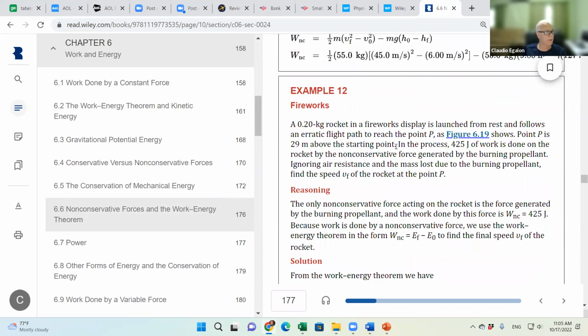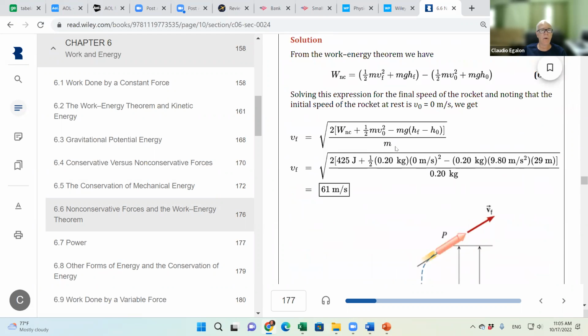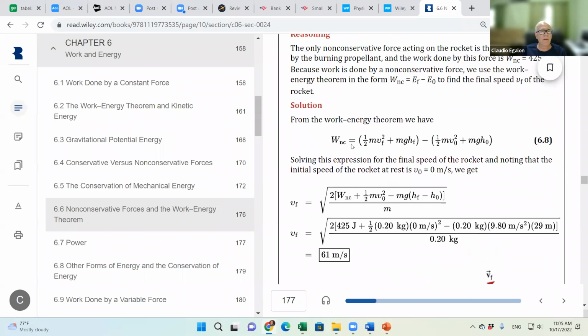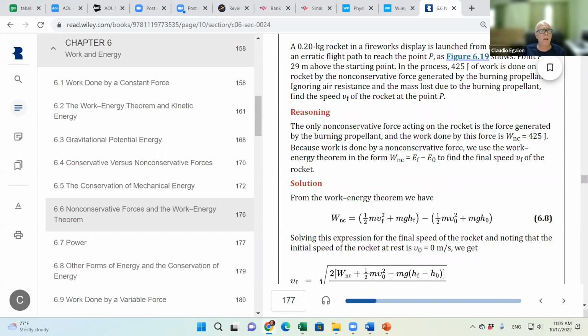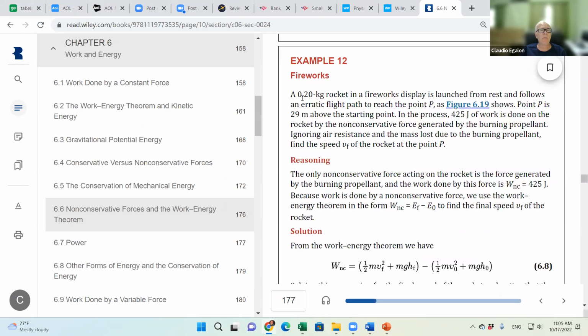Okay, here you go. They do have the non-conservative force. Let me work this one quickly. A 0.2 kilogram rocket in firework displays launches from rest and flies in erratic paths to reach point P. Point P is 29 meters above the starting point.